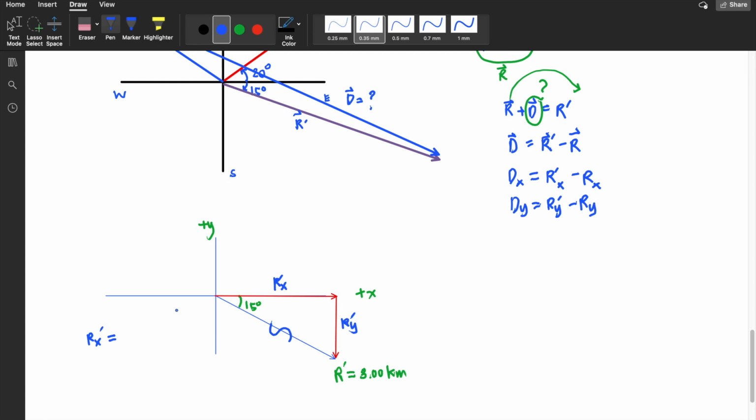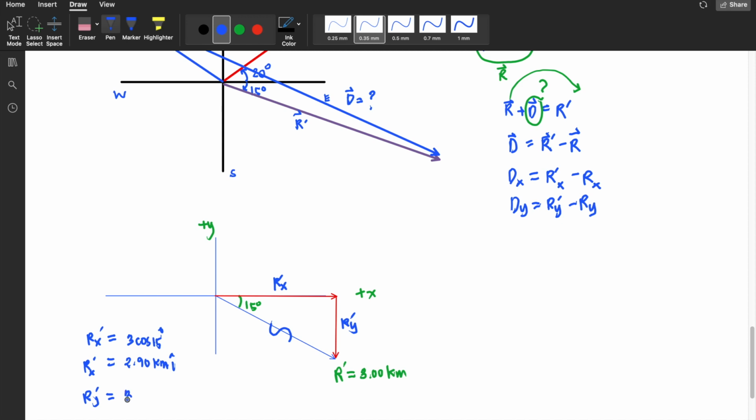For this case, your rx prime is on the adjacent side of angle 15, so cosine. So 3 cosine 15, and the answer would be 2.90 kilometers i hat. That is for your Rx prime. Next, for your Ry prime, it's on the opposite side of angle 15, so sine.